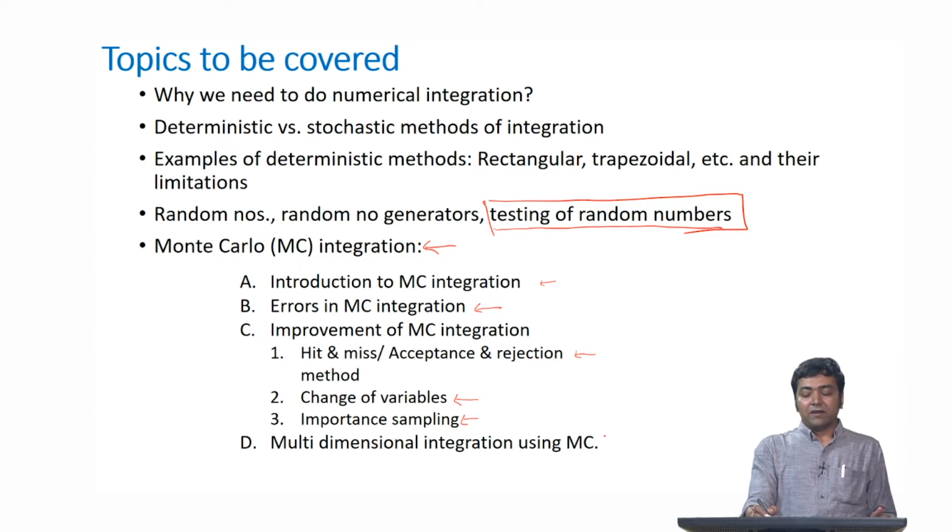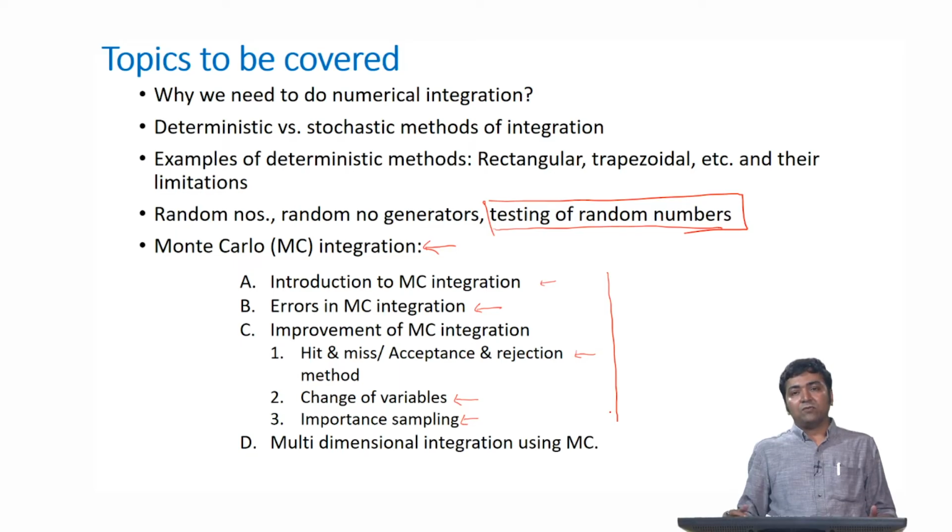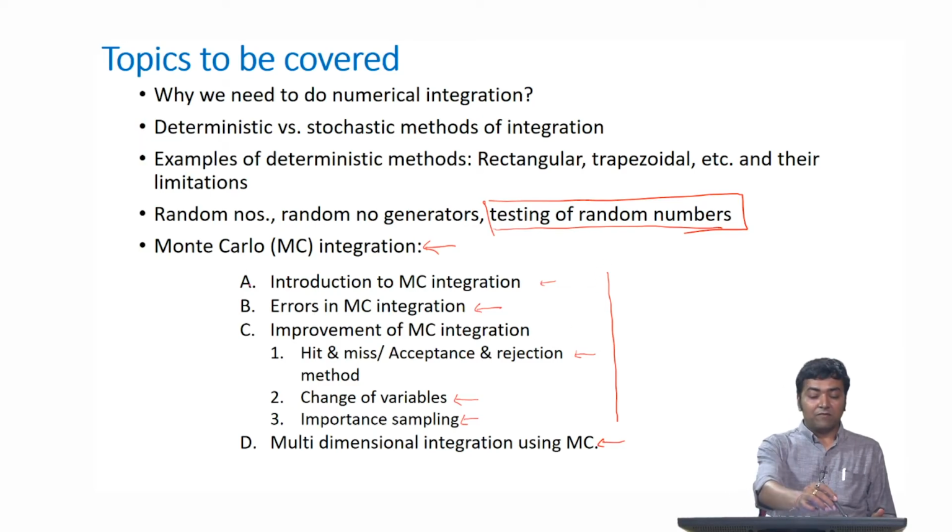And finally, throughout these discussions, I will give you examples, and most of the examples will be in the form of you writing a code to get a feel of the method, and then finally we will look into an example of how multidimensional Monte Carlo integration can be done using the things which we have learned from A to C.